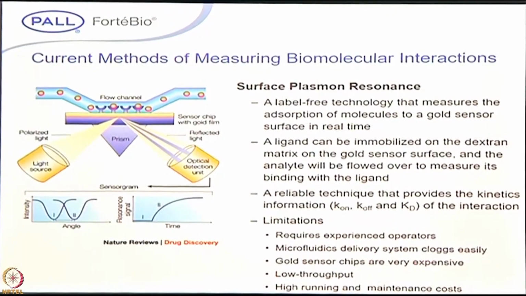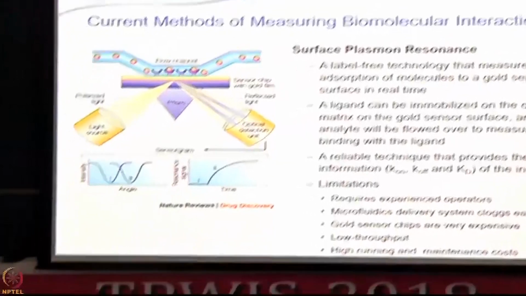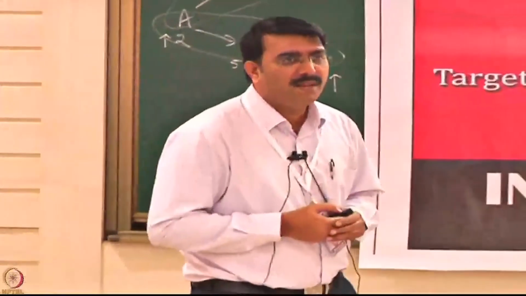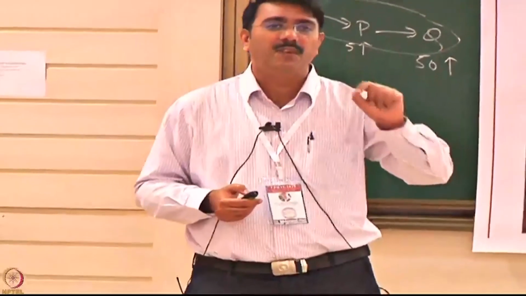But apart from that, one of the important limitations is the microfluidics delivery systems. When you are working with any kind of samples which are cell culture based, or samples from body fluids, you have so much cell debris or other impurities. There is a possibility that they clog the fluidic system.